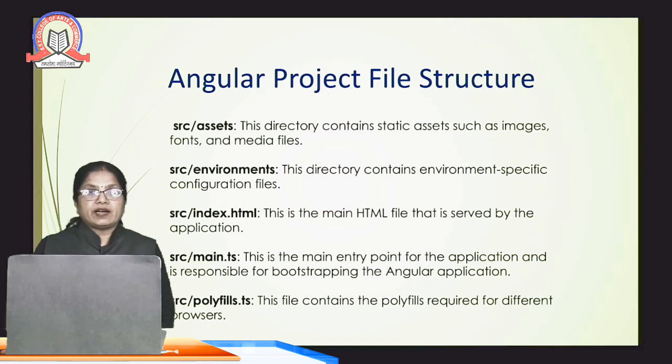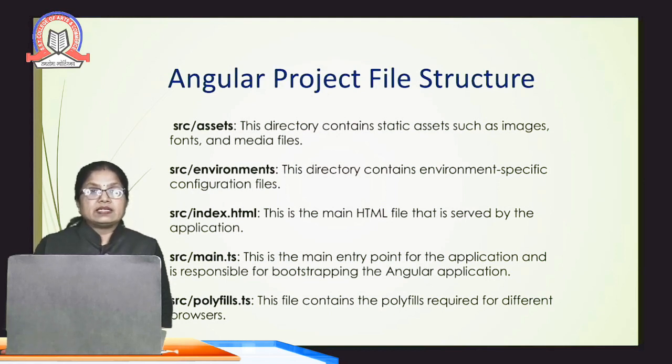This directory contains static assets such as images, fonts, and media files. src/environments. This directory contains environment specific configuration files. index.html. This is the main HTML file that is served by the application.